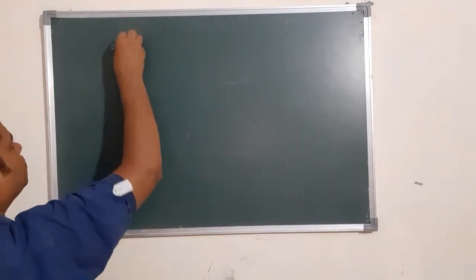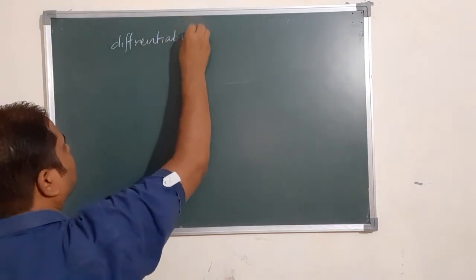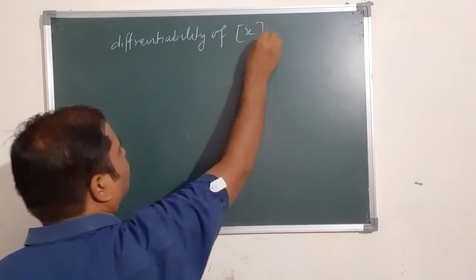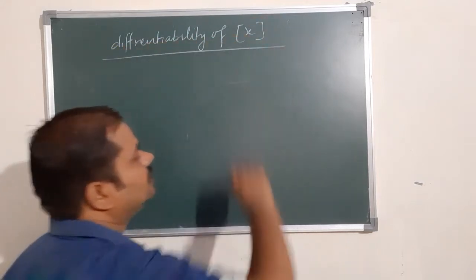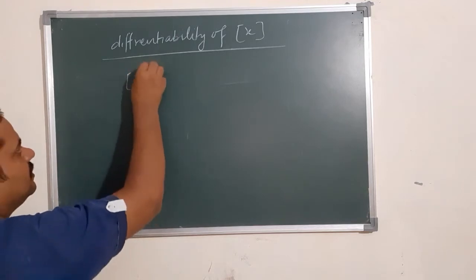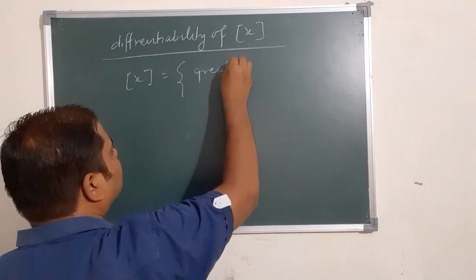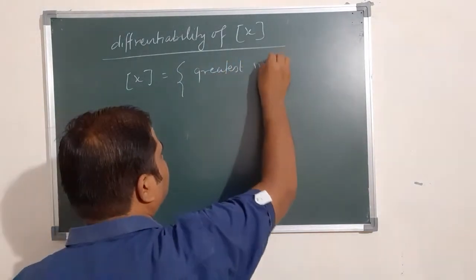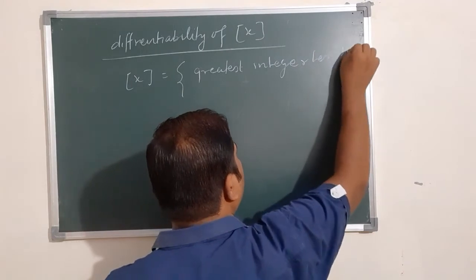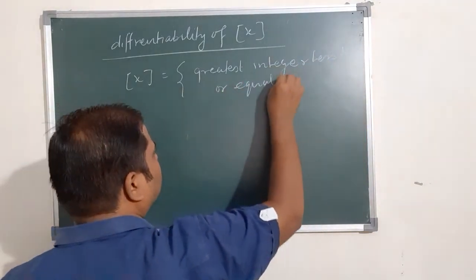Differentiability of the bracket function. You know very well what the bracket function is. This is [x], defined as the greatest integer less than or equal to x.